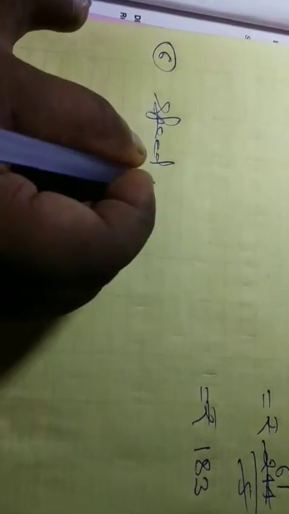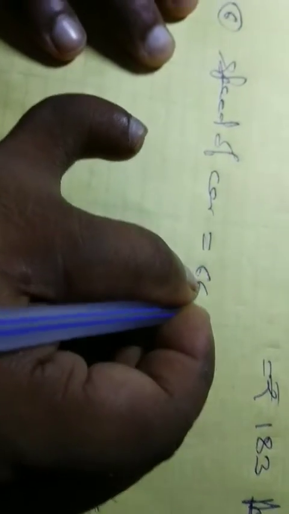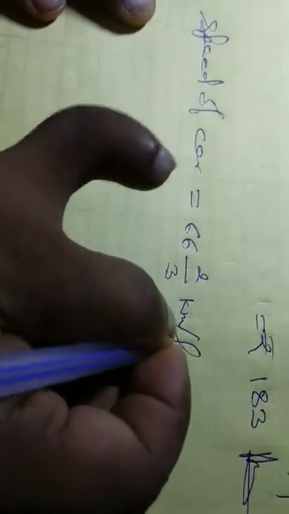Students, question number 6. Speed of the car is equal to 66 whole 2 by 3 kilometers per hour.